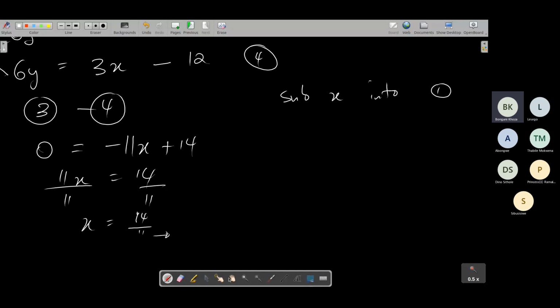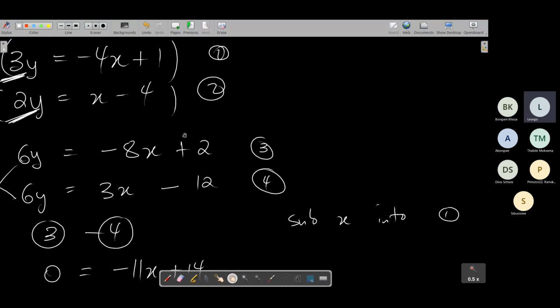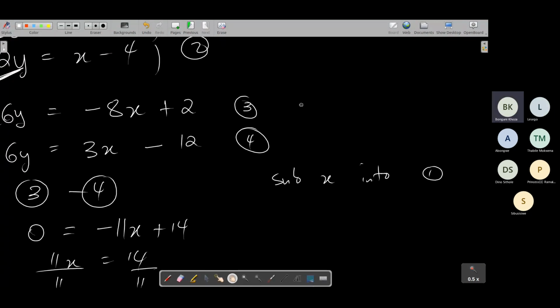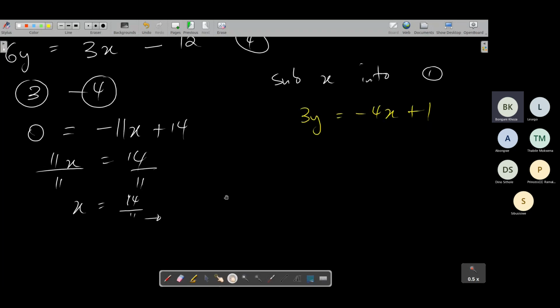So what was our equation 1? 3y equals negative 4x plus 1. So where I'll be seeing x, I'll be plugging in this fraction of mine. So this will be 3y equals negative 4 into 14 over 11 plus 1 like that.